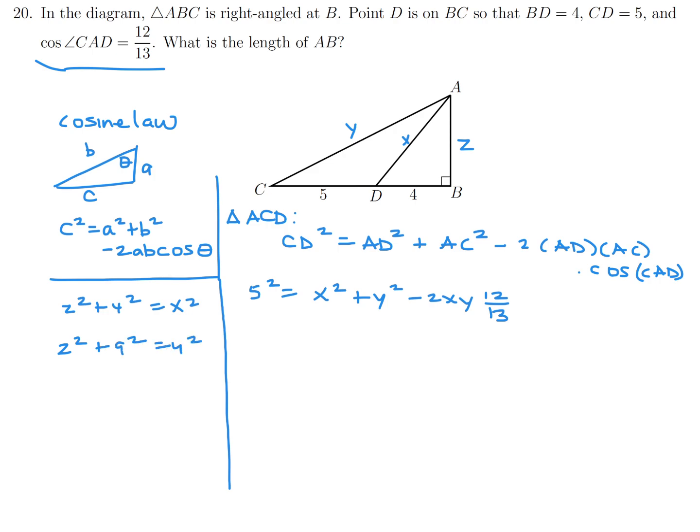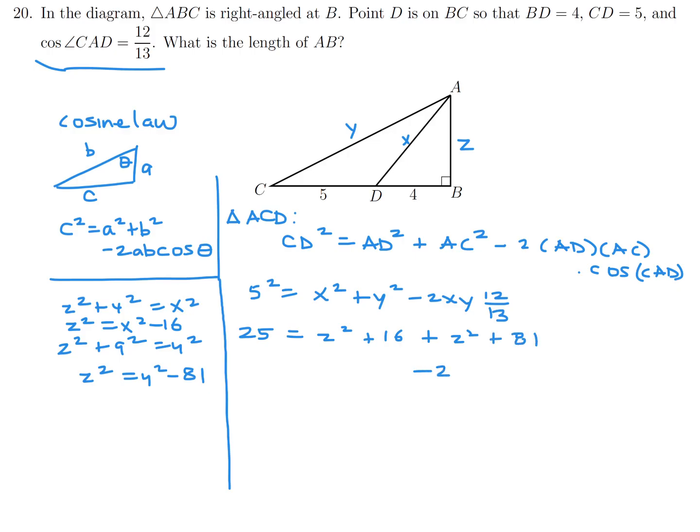So this is all going to be changed in terms of z's here. Because the z squared is x squared minus 16, and z squared is y squared minus 81. Okay, so this is 25. And then x squared is z squared plus 16, and the y squared is z squared plus 81.